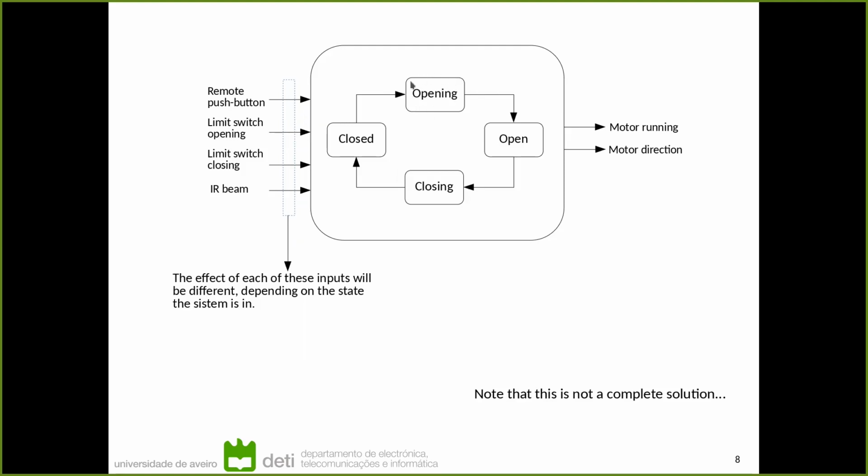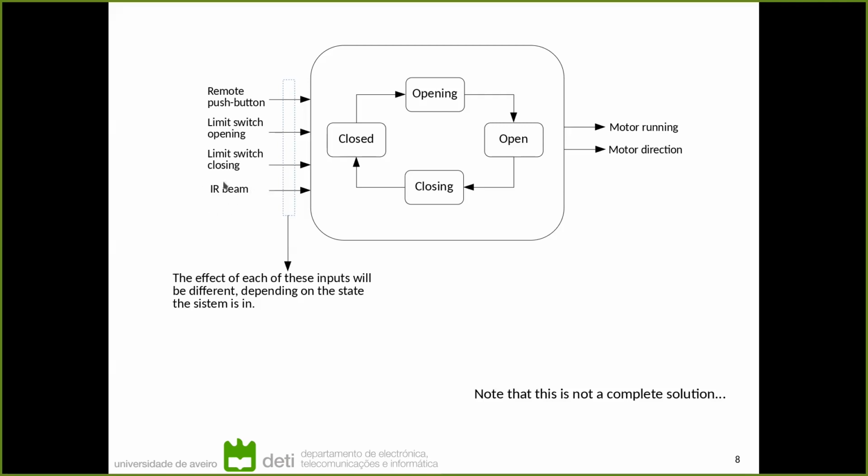At this state, the motor is running in the opening direction, and then it stops in the open state when the limit switch for opening triggers. So I have two limit switches, one for opening and another one for closing.